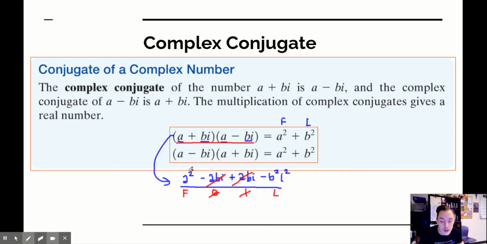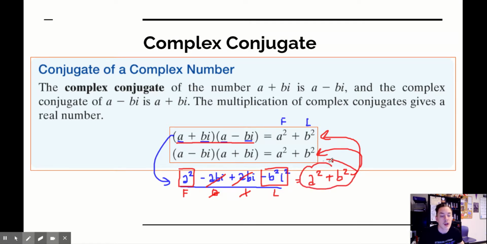So now really all you need to do is make sure you do the a squared, the first term, and then the last term, which of course equals a squared, negative b squared, times i squared. I squared is negative 1, so negative b squared times negative 1 is a positive b squared, which is the exact same thing that you get here and here.